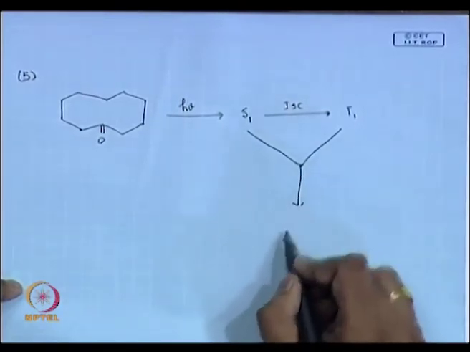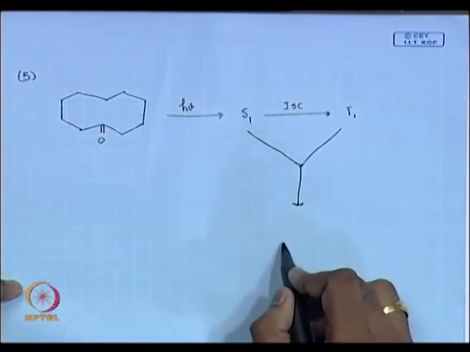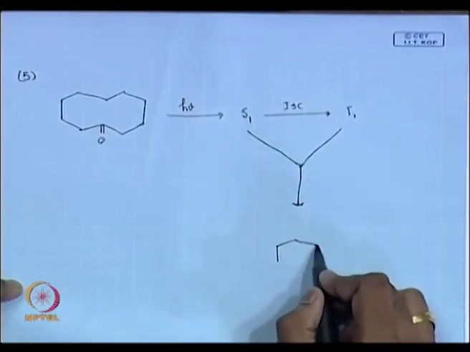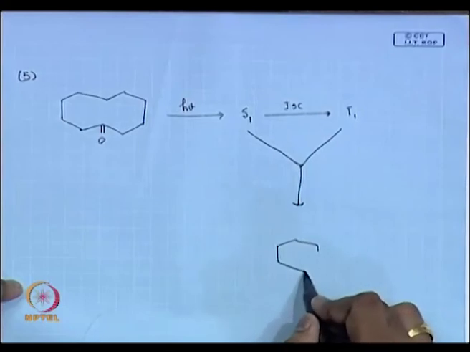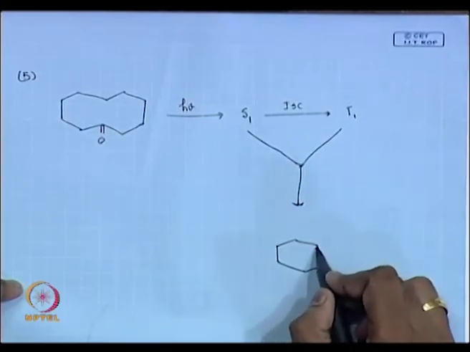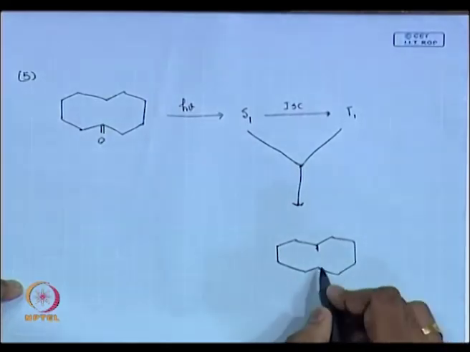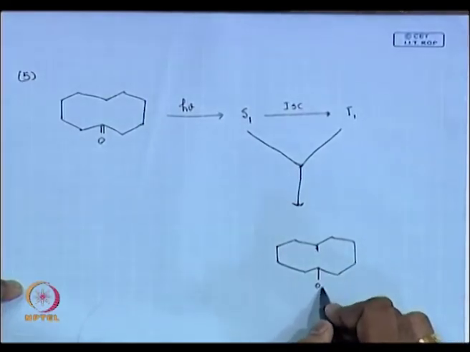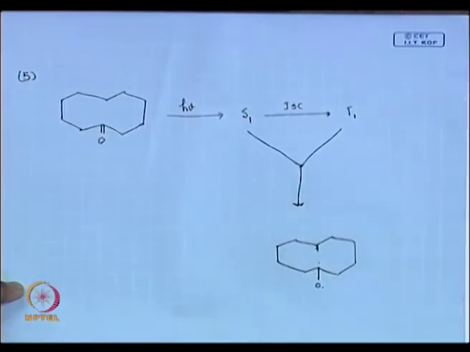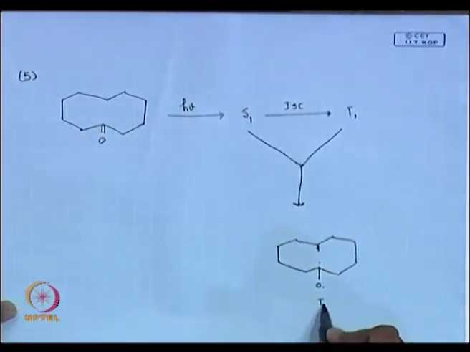So, for example, I am writing the radicals of this, not the product, the radicals. So, how do they look? So, I got this is your T1 or S1, whatever. So, what radical is this?